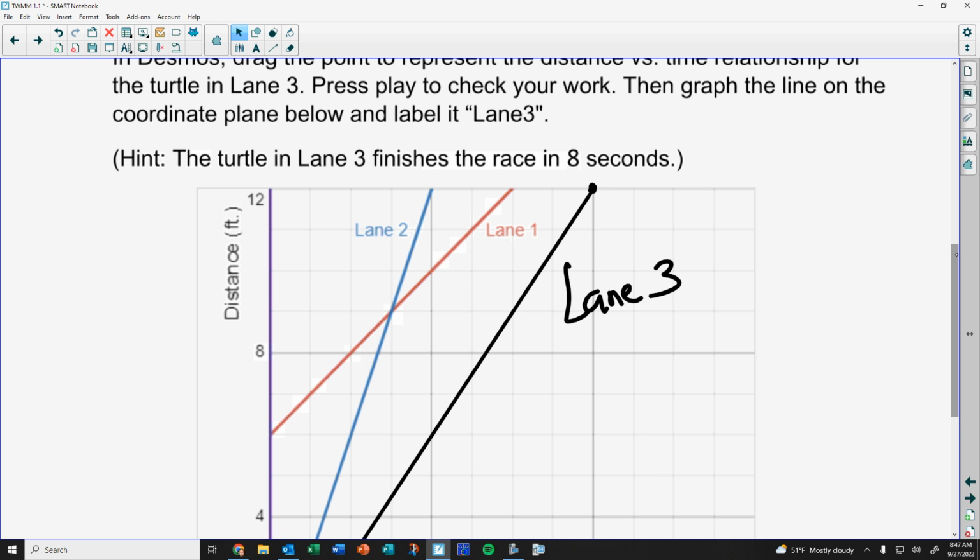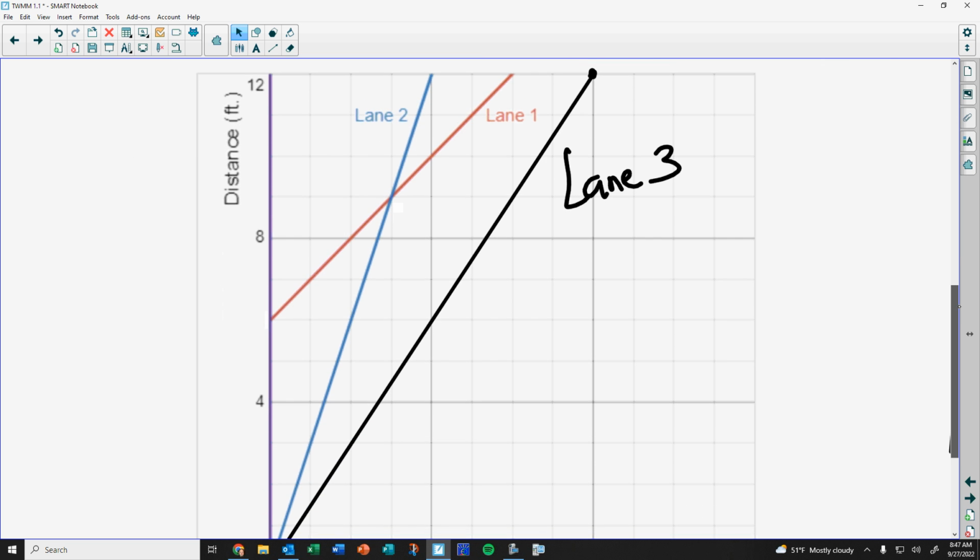So if you were just to look at the graph from right here, who finishes first? Lane 2. How can you tell it's lane 2? Yeah. Remember, this is the distance, but the time is going this way, right? So you can see the one closest to 0 finishes first. There's second, and there's third.